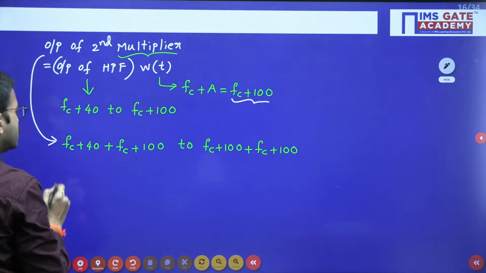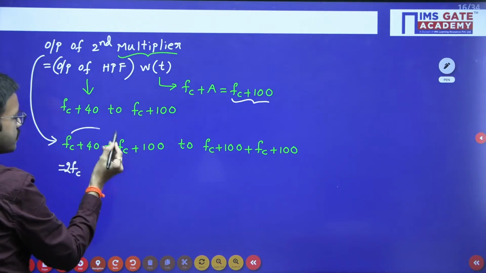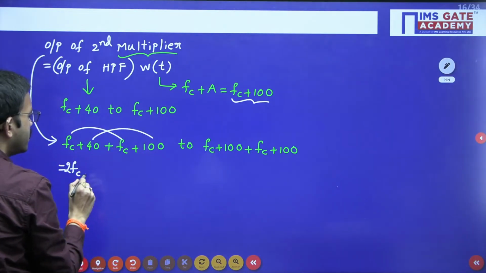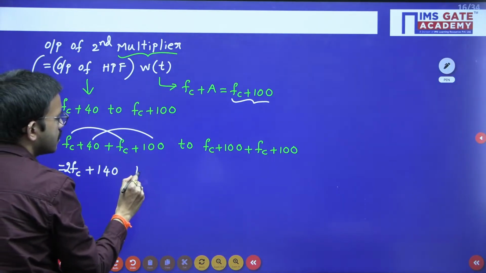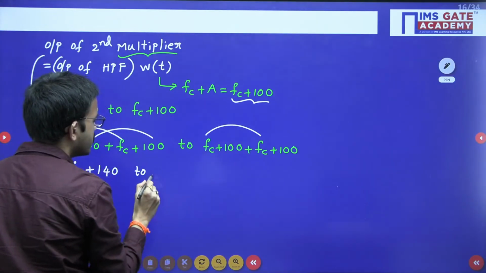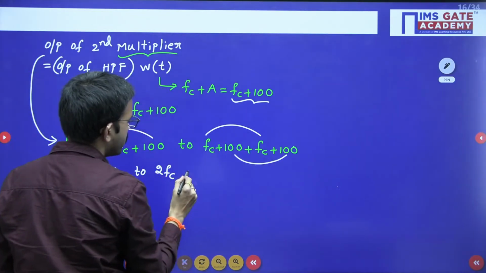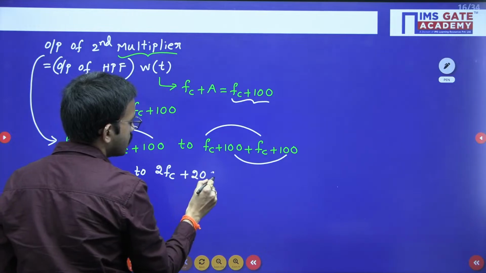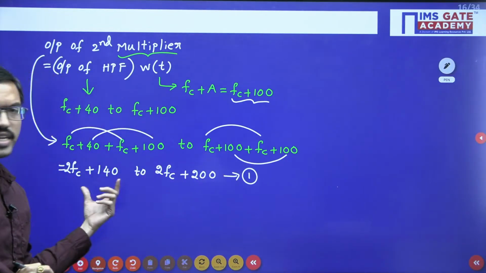Fc plus Fc is 2Fc, and 40 plus 100 is 140, so the start is 2Fc plus 140. Likewise, 2Fc plus 200 is the end. So this is one range of frequencies.